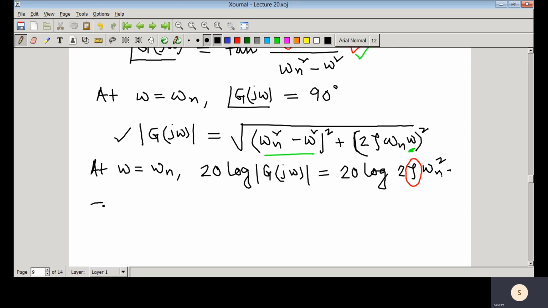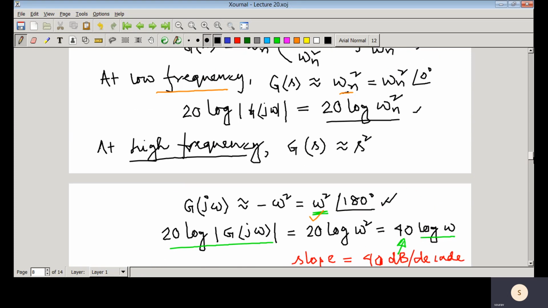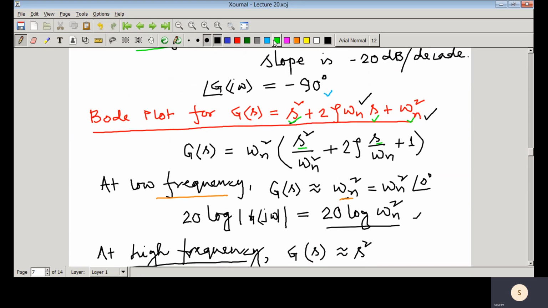So this difference depends on zeta. What we have discussed here is that if we have a second order factor, we can represent it in this form, and at low frequency it is 20 log omega n square.